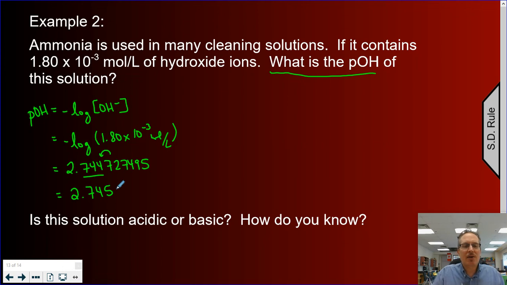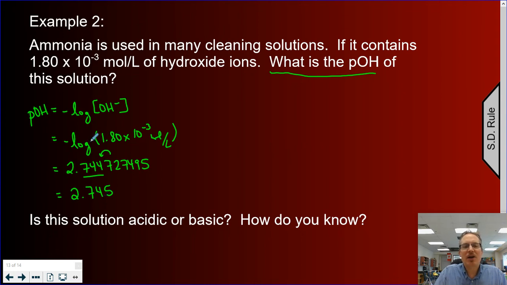Now, I have a follow-up question on this, and my follow-up question says, is this solution acidic or basic? Okay, now this is a pOH. So my rule I tried to teach you last day was think of this as a pH. If the pH was 2.7, we would all say that this was acidic.